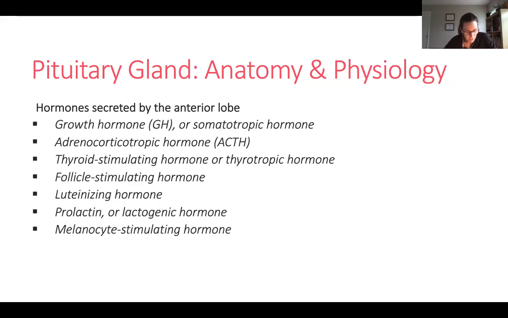So the growth hormone obviously stimulates growth and development. The adrenocorticotropic hormone controls growth, development, and some of the functions of the adrenal glands. The TSH controls the thyroid gland. The FSH stimulates the development of eggs in the ovaries of women and sperm production in the men. Prolactin stimulates breast milk production, and then the melanocytes promote skin pigmentation.